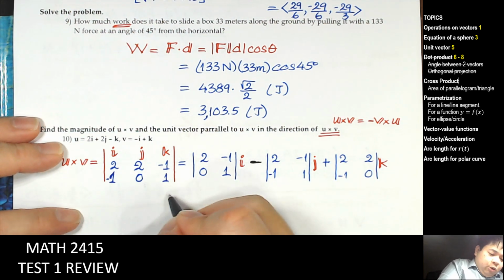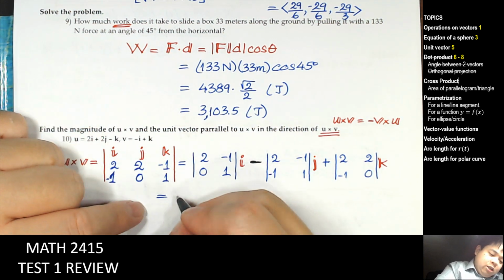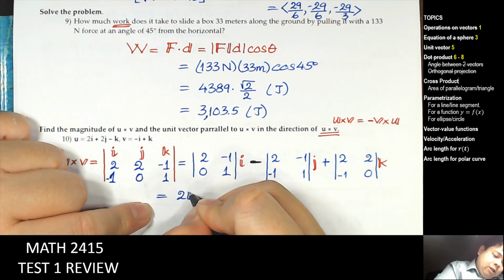Now we do the 2 by 2 determinants, multiply and subtract. That gives us 2i.